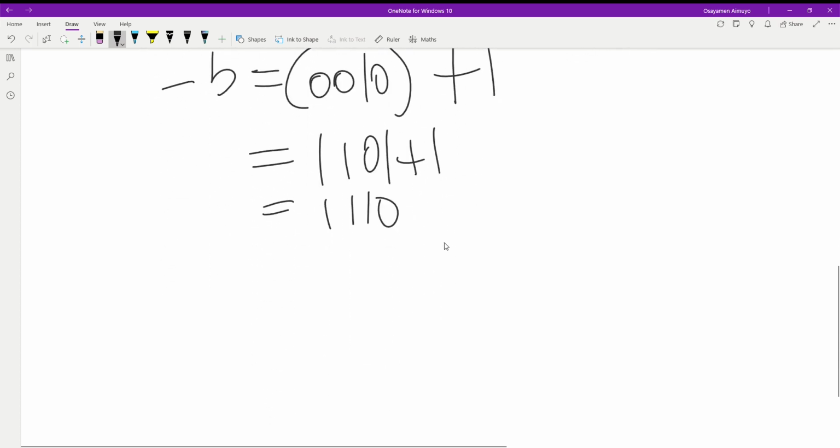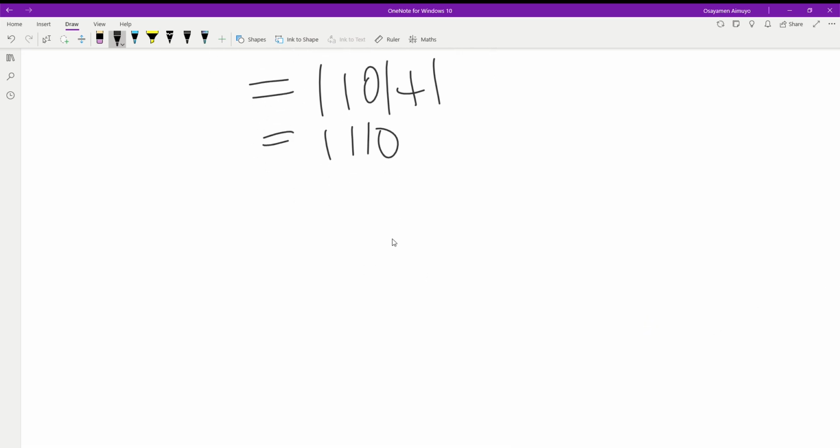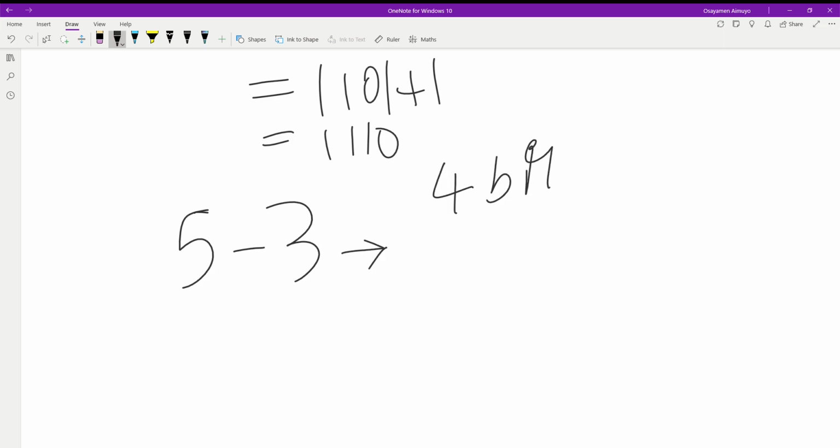It's that simple. The importance of 2's complement comes when you're performing subtraction of binary numbers. Let's say you want to subtract 5 minus 3, and remember, we're dealing in the 4-bit world.